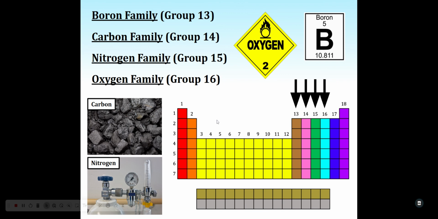You then have the boron family, being very original because boron is the first element at the top. Carbon, again, first element at the top. Nitrogen, and then oxygen. So these are just very generic, like, hey, this is the first element at the top, we're going to name it after that.